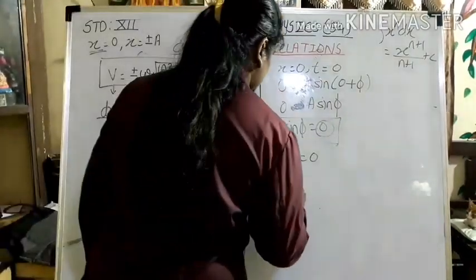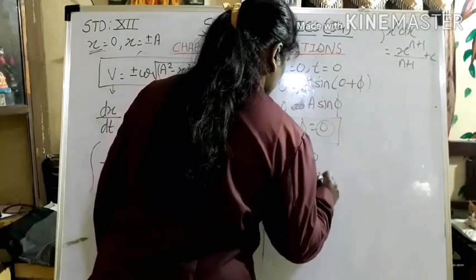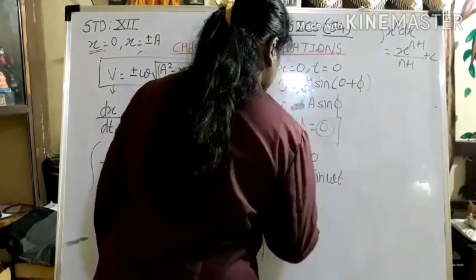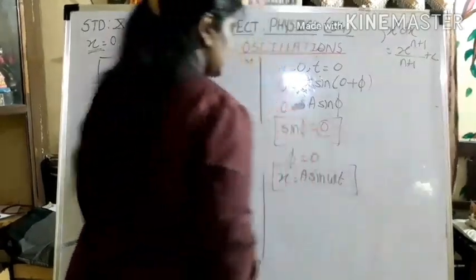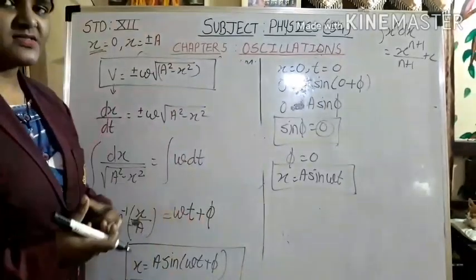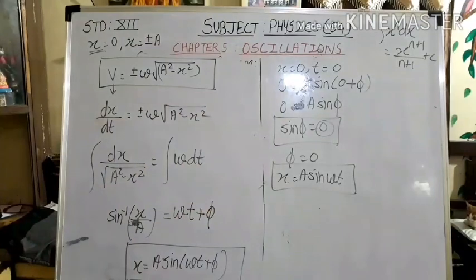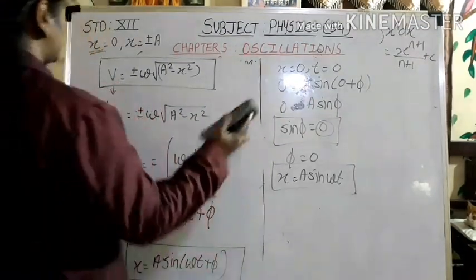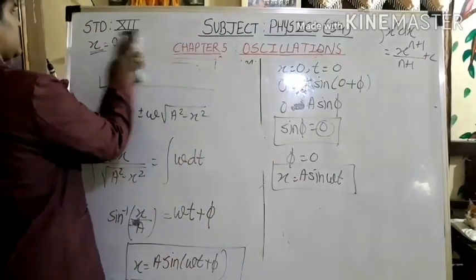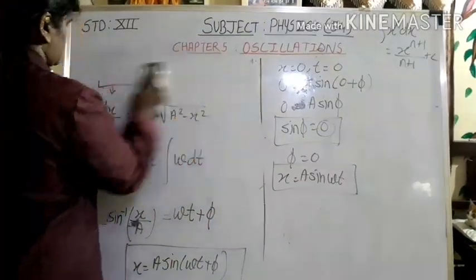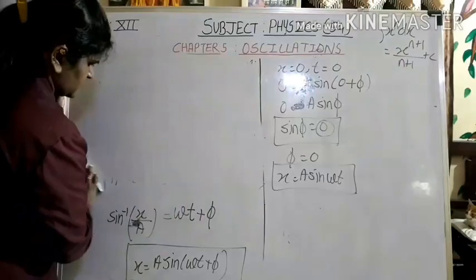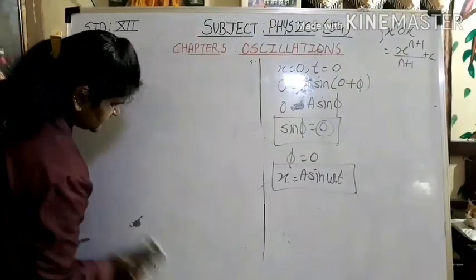So let's put that value. This is the only equation. Now we are going to consider another condition. And what is that condition? Another condition is when x is equal to plus minus a. I will draw this. Even at that time t becomes 0.